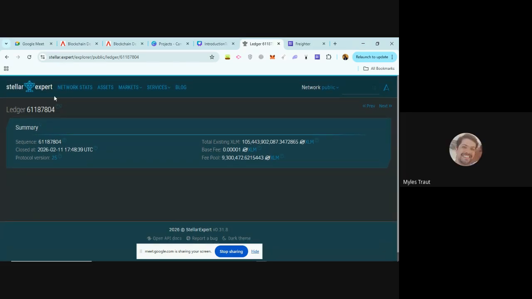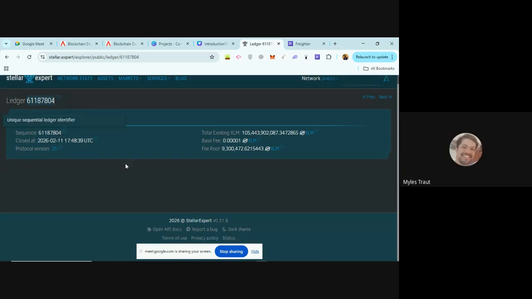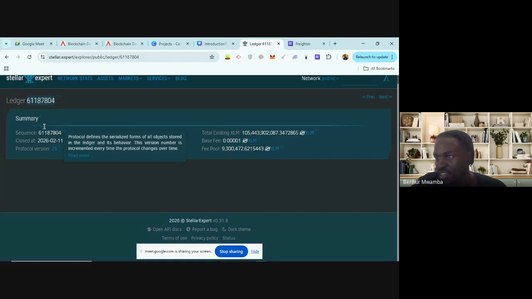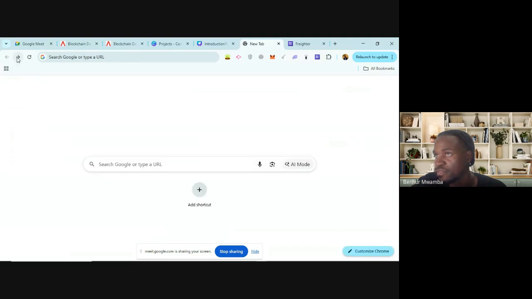Okay, so here we are. Is this the transaction I'm looking at? So this is a ledger, and we can see the sequence number, the close date. So I want to go to a specific transaction. Let's see. It's a little bit of lag.